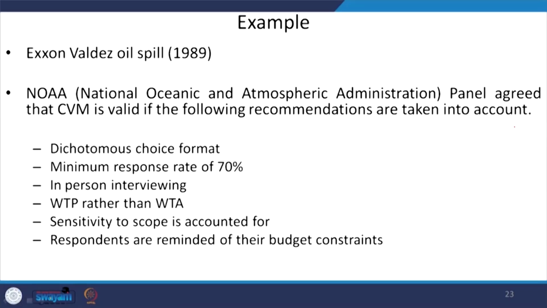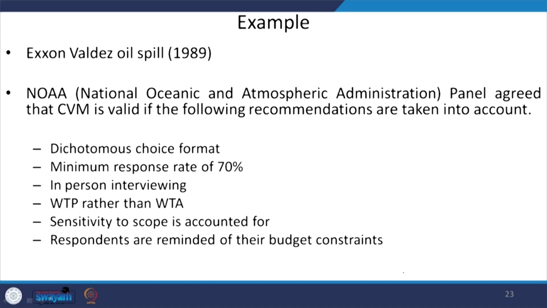However, because the method was found to be very debated, as it is hypothetical in nature, with time the National Oceanic and Atmospheric Administration constructed a panel, and they discussed how this CV method can be valid and reliable.